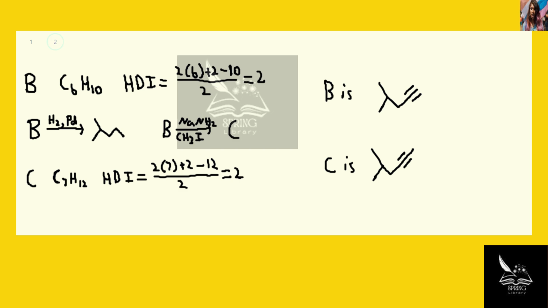The only reaction that we've really seen so far with sodium amide is deprotonating a terminal alkyne, and then using an alkyl halide to form a new carbon-carbon bond between the terminal carbon in the alkyne and whatever is attached to the alkyl halide. And if we look at these formulas, we see that does make sense.